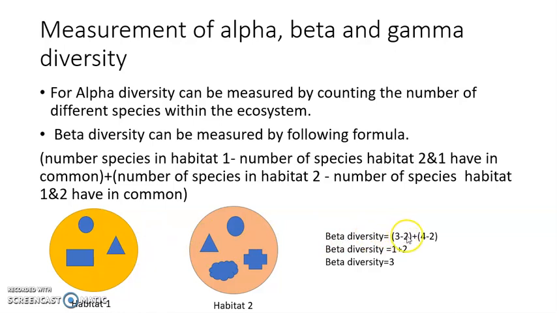Plus the species richness of habitat 2, which is 4, and the common species are 2, so 4 minus 2. Totally it will make 3 unique species. If we count from habitats 1 and 2, 1, 2 and 3, these are 3 unique species between these two habitats. So the beta diversity of these two habitats is 3.